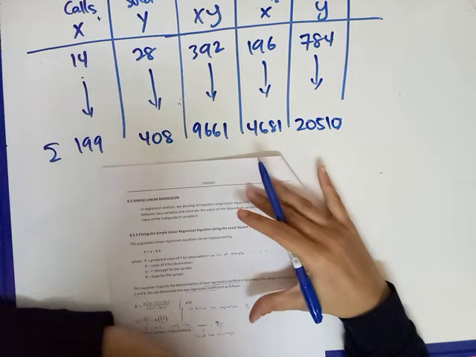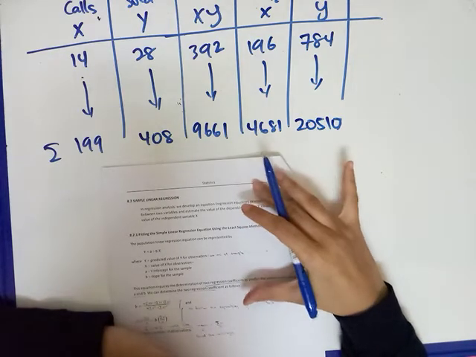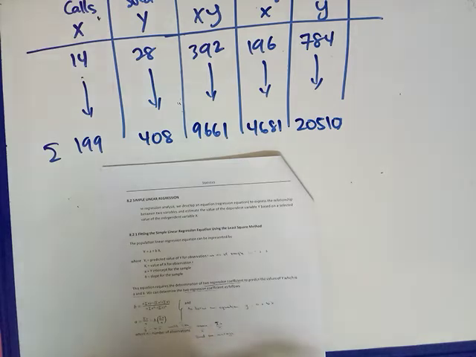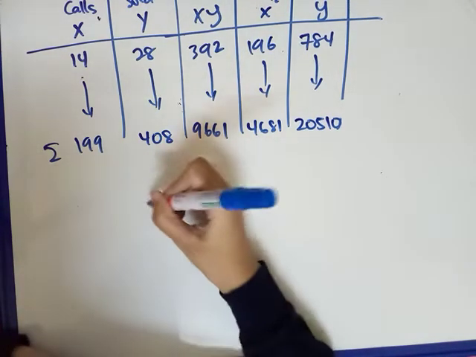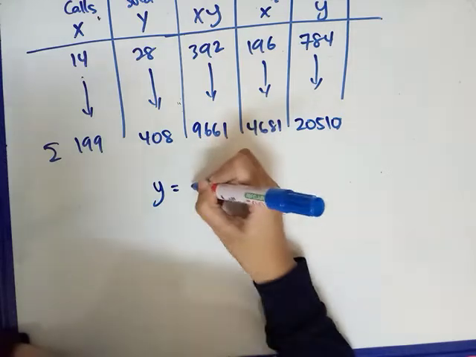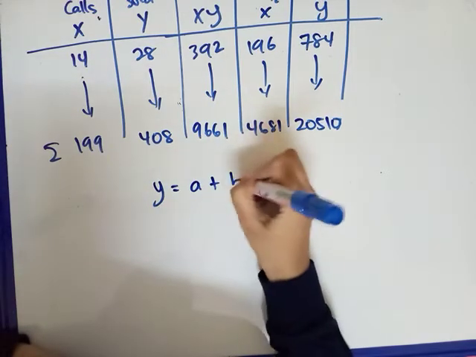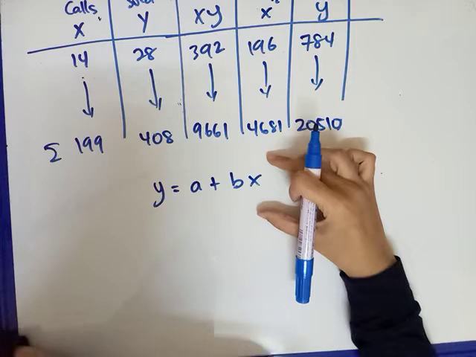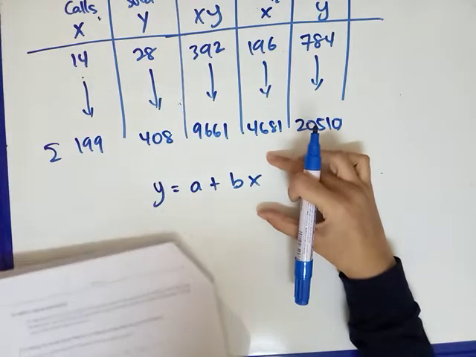That means for simple linear regression, we need to make an equation. How to make an equation? By using the least square method. The general form is y equals a plus bx.